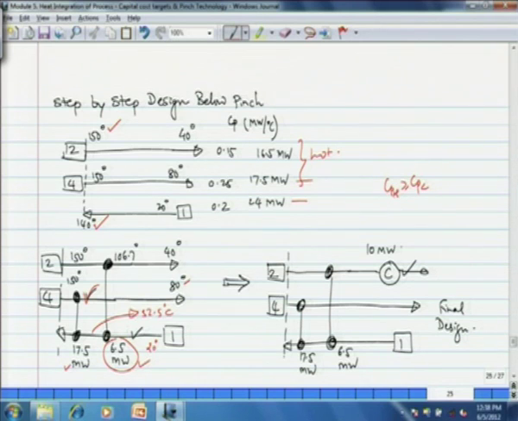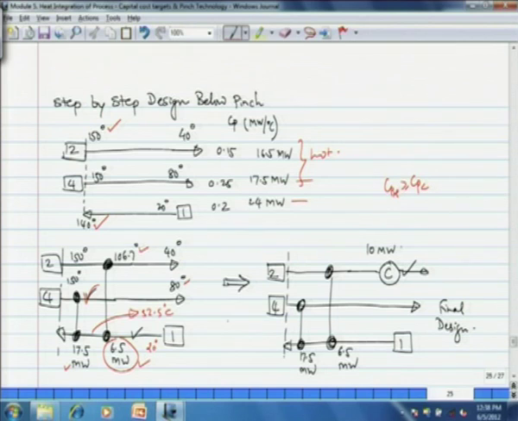Now, after giving away 6.5 megawatt of heat to stream 1, stream 2 is still left with 10 megawatt of heat, and then the temperature of stream 2 as it exits the 6.5 megawatt exchanger is 106.7 degrees centigrade, determined in the same way as before.